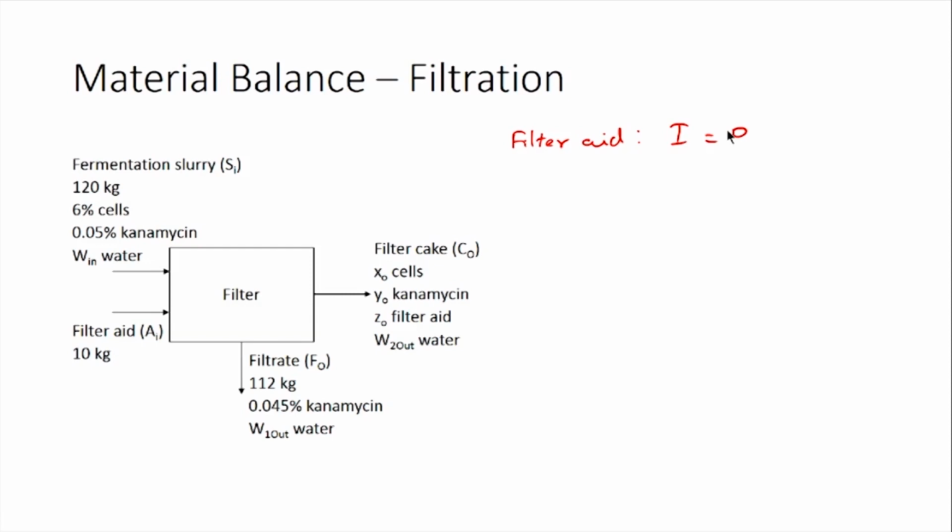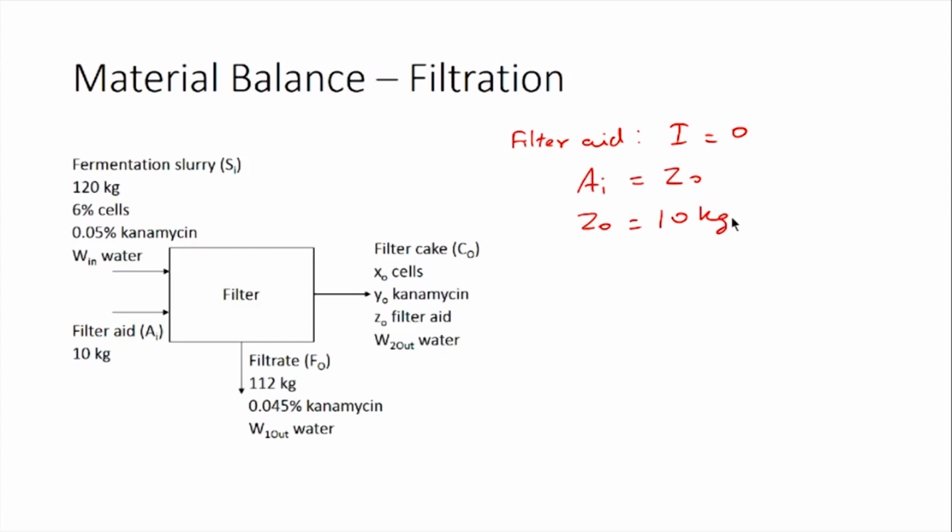So, the input comes only through Ai and the output leaves only through C0. The amount of filter aid leaving the system through the filter cake has been written as Z0. So, Ai equals Z0, implying Z0 would be 10 kilograms.